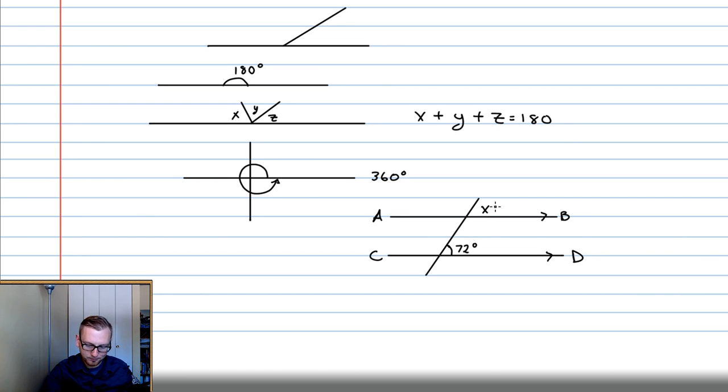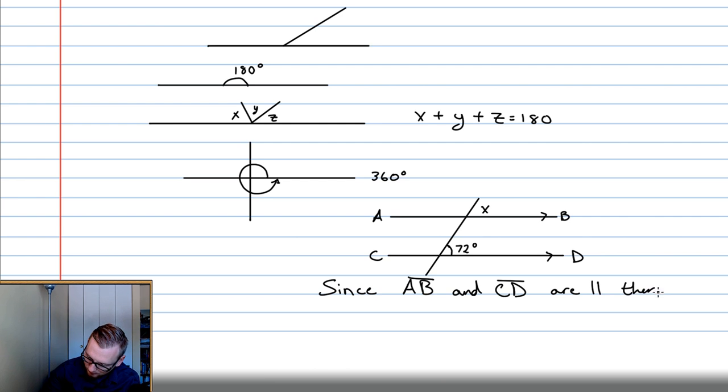What else do we say? We say since line AB and CD are parallel, then whatever this line is, we will call it EF.